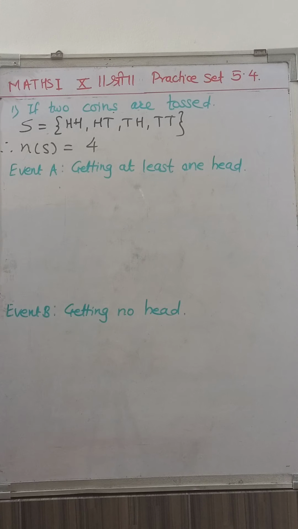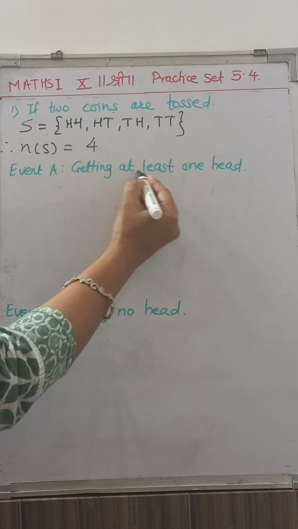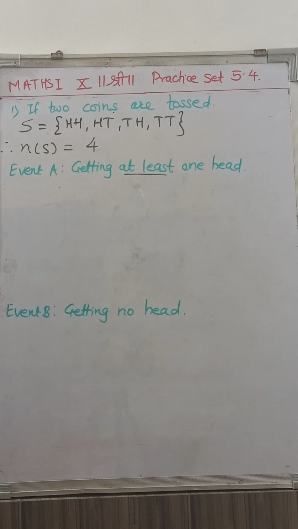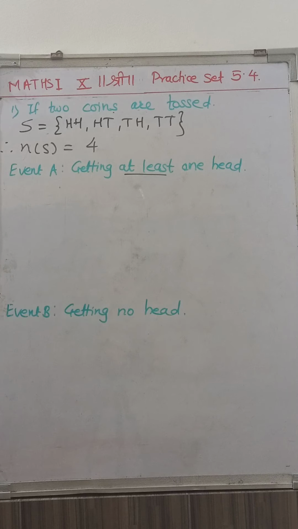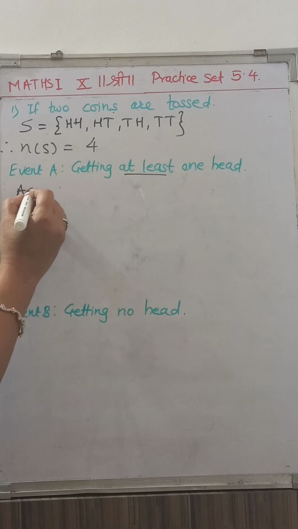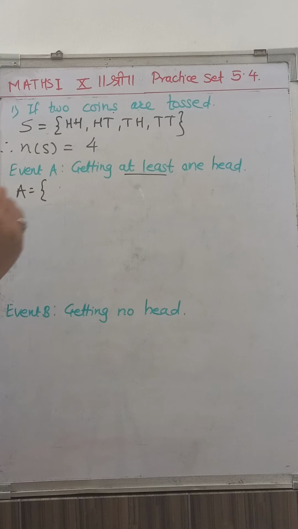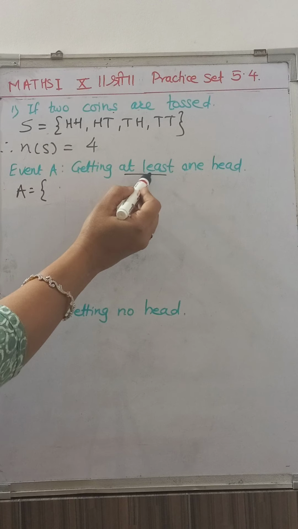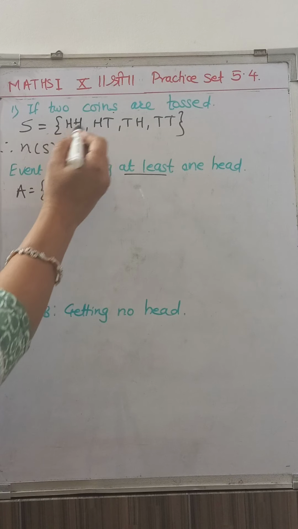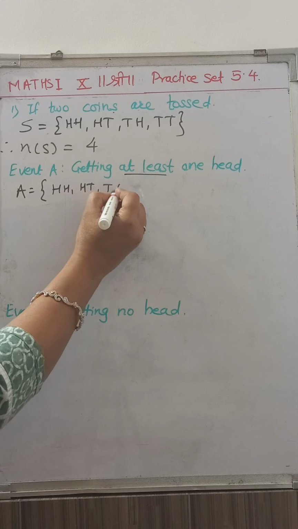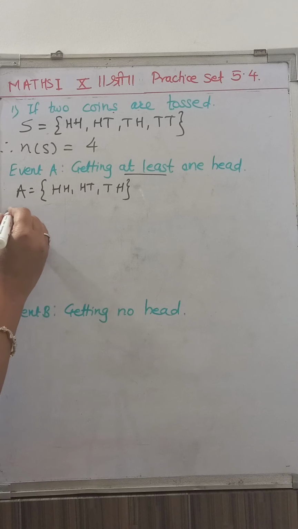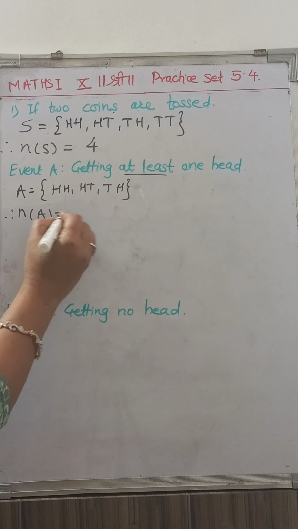Now let A be the event of getting at least one head. What is the meaning of at least? At least means we need a minimum of one head; more than that is also fine. So which sample points can we take in A? At least one head, two heads are also fine, so HH, HT and TH. Therefore N of A is equal to 3.